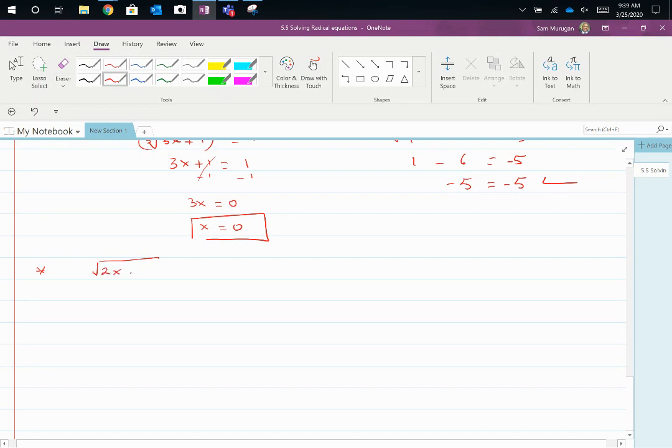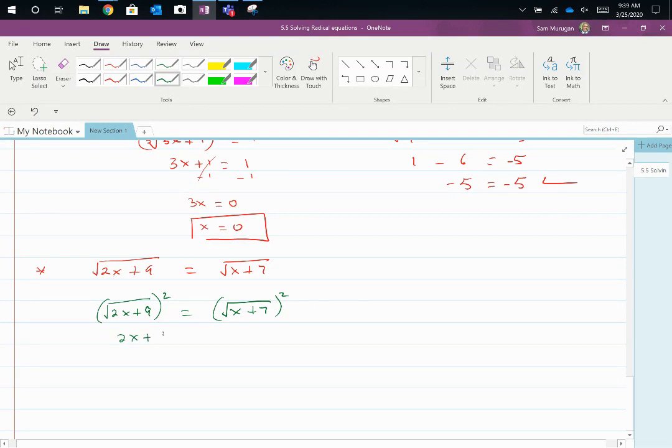Square root of 2x plus 9 is equal to square root of x plus 7. In this case, we cannot isolate the radicals, but both sides are square roots, so we can go ahead and raise both sides to the power 2 to remove the radical signs on both sides.